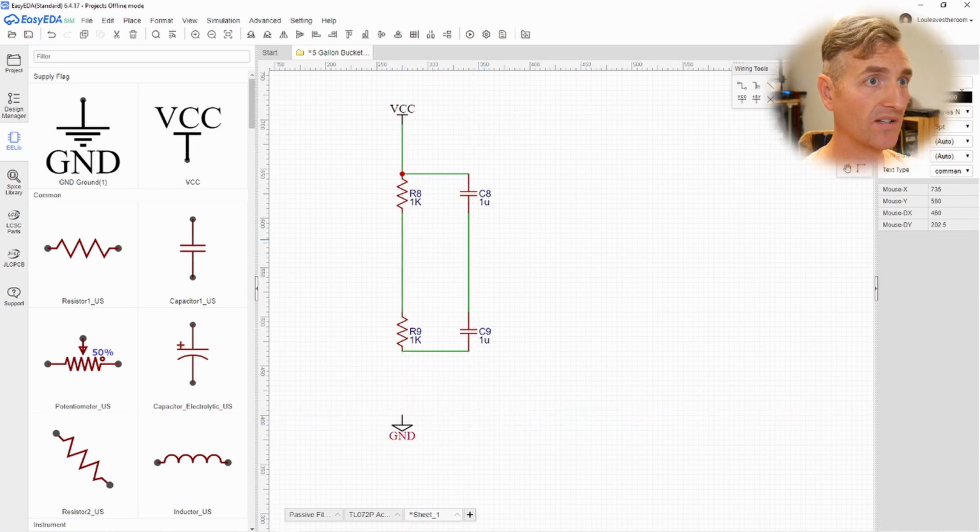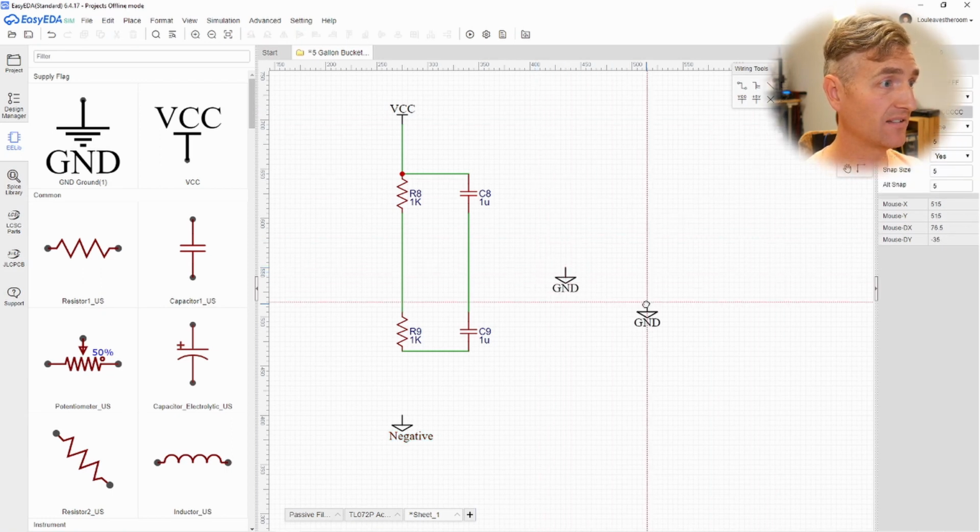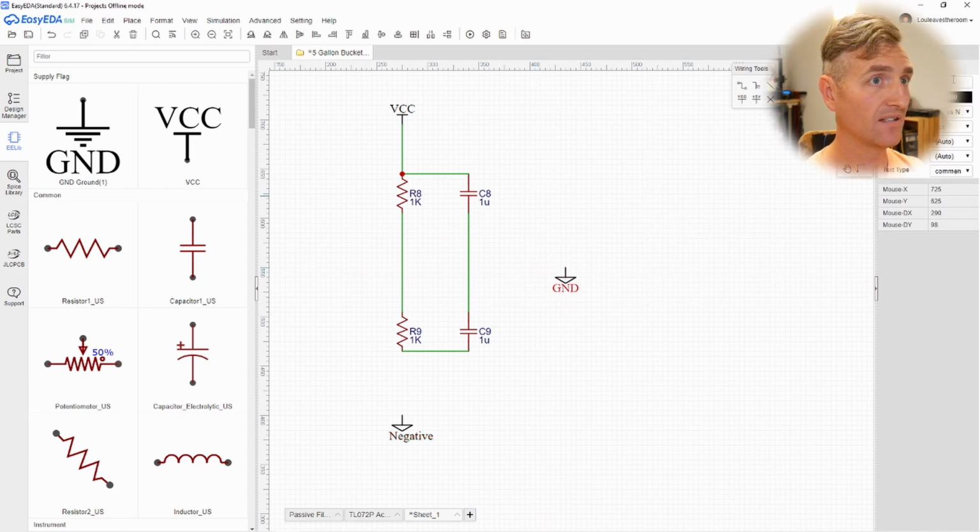You might call this negative. That's going to be my negative voltage. And what I did is I made, I think the people in the biz might call this virtual ground on my board.